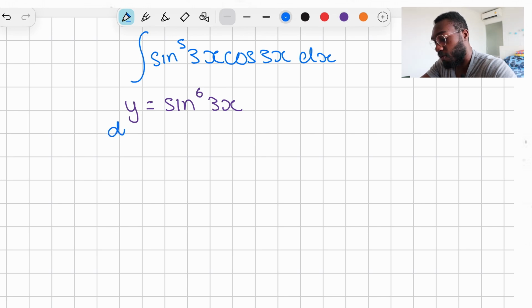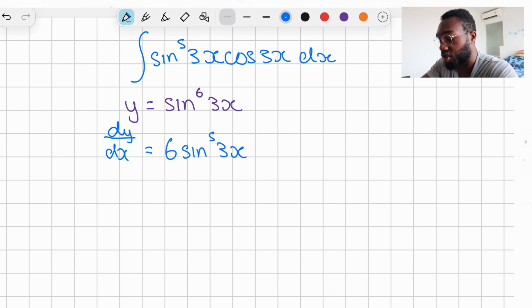Well, we'd get dy over dx, and the 6 would come out, so we get a 6 sine to the 5 of 3x. Then we also need to differentiate the sine 3x as well, so it'll be times by sine 3x differentiated. What is sine 3x differentiated? That would be 3 cosine 3x.